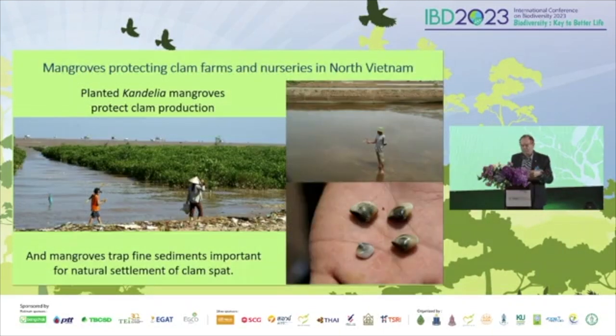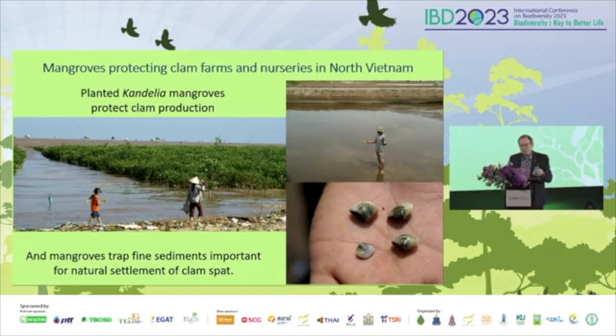And just to give you an example of what I mean by the PES for aquaculture, here are mangroves protecting clam beds. The little stilt houses in the horizon there are the clam production beds, but behind the mangrove are small nursery ponds where they rear the clam spat before they put them out into the more distant production sites.